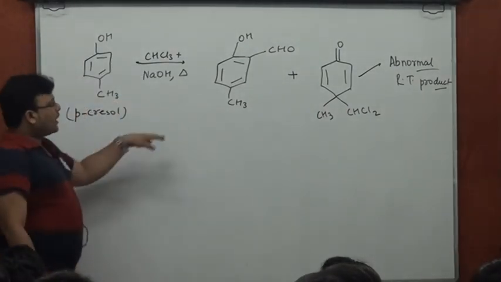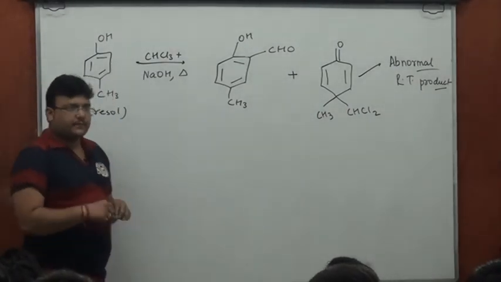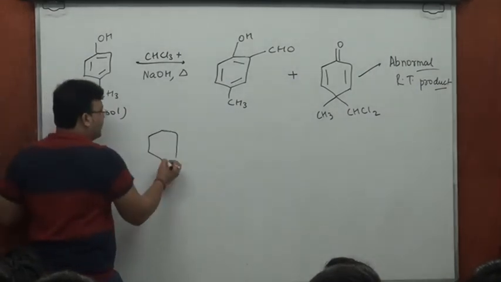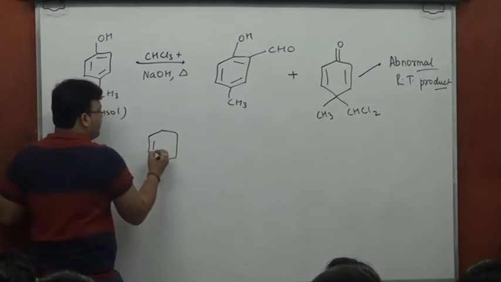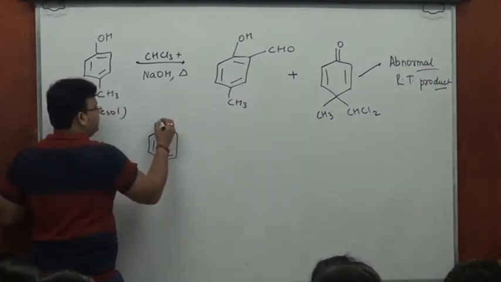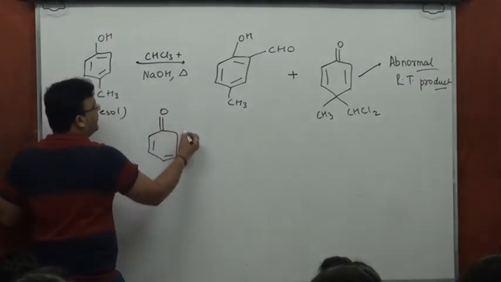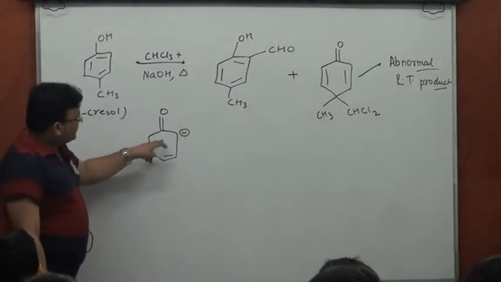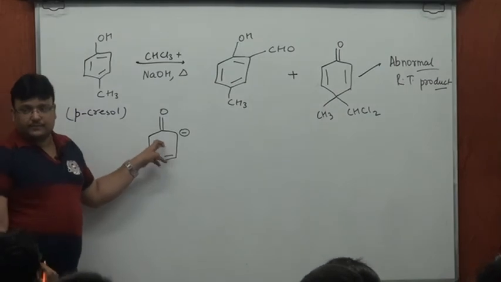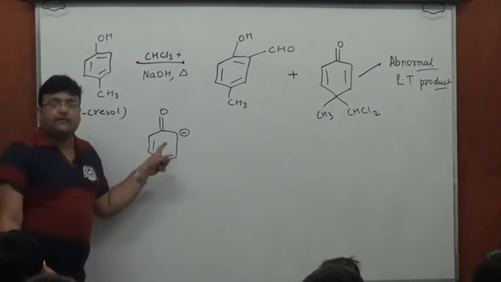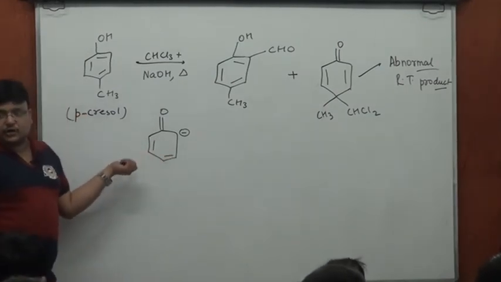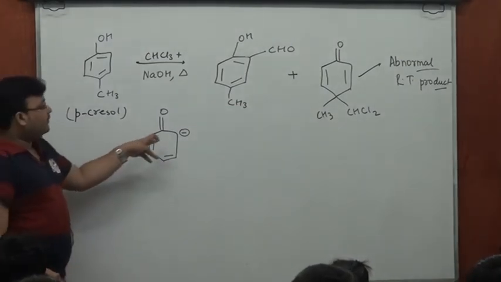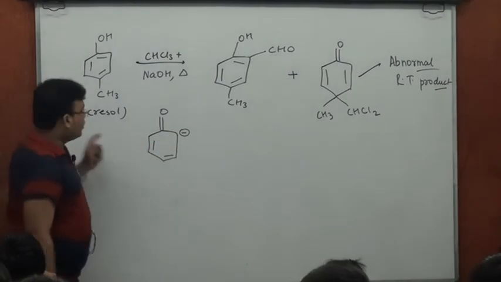Now we know about how this would have been formed. Fine. And we would believe that an intermediate of this kind, double bond O here, negative here, rather not an intermediate but this resonating structure of phenoxide, would have attacked CCl2 or would have invited CCl2 at the ortho position.